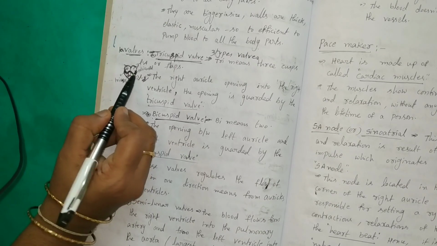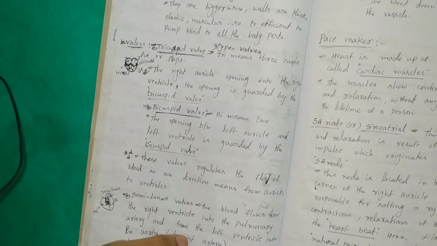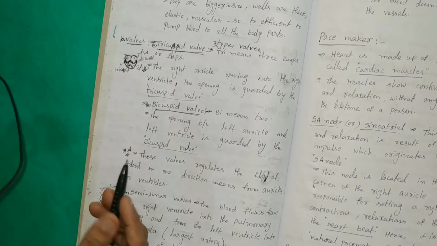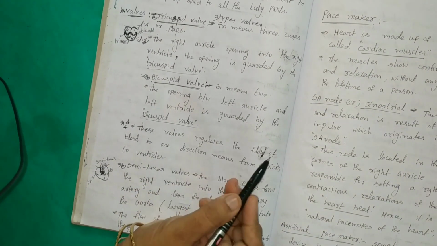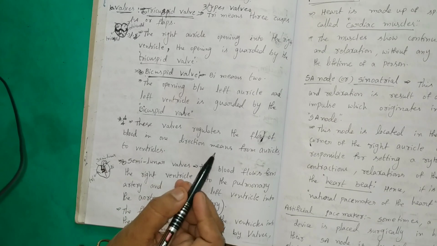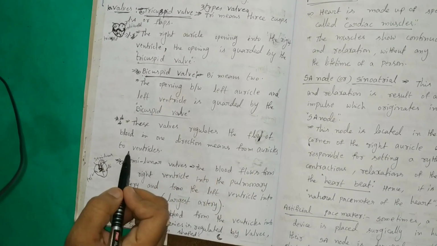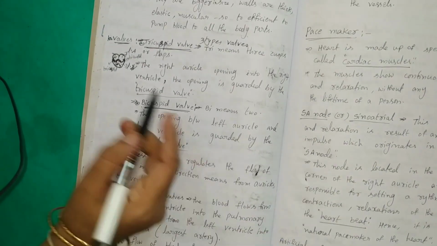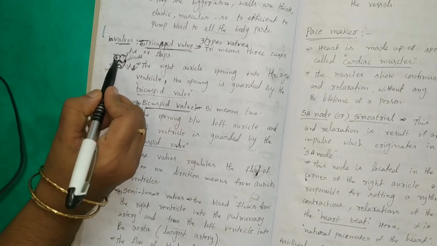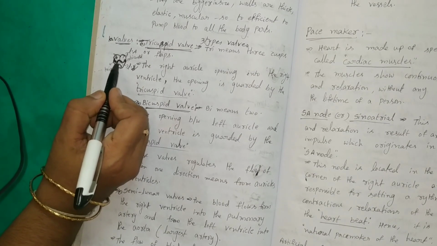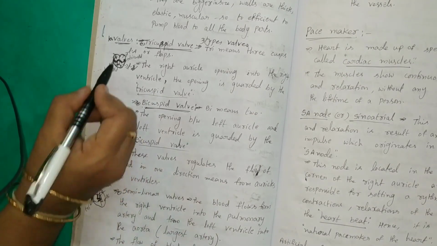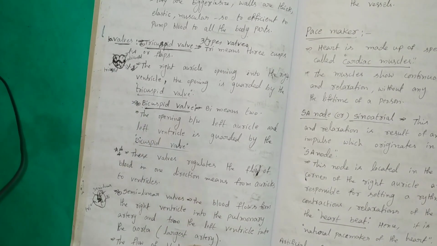Here this is the bicuspid valve. What is the main function of these valves? These valves regulate the flow of blood in one direction, from auricle to ventricles. So the blood flows only from up to down. So the valves are closed. Blood flows only in one direction.